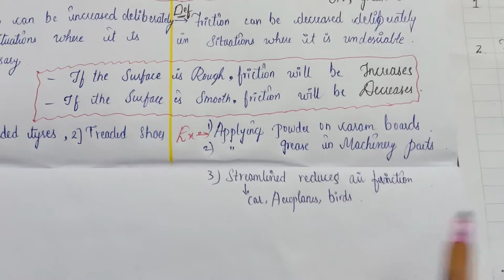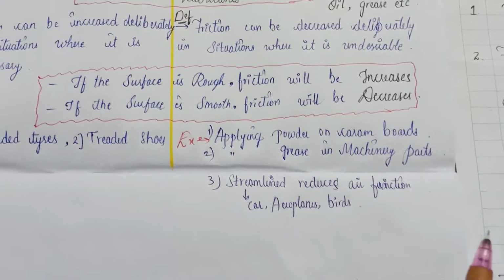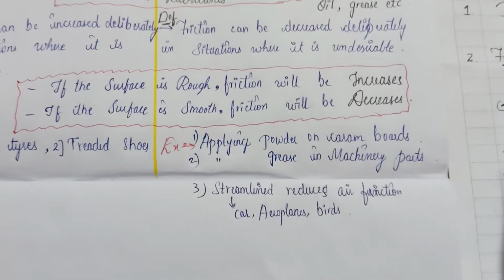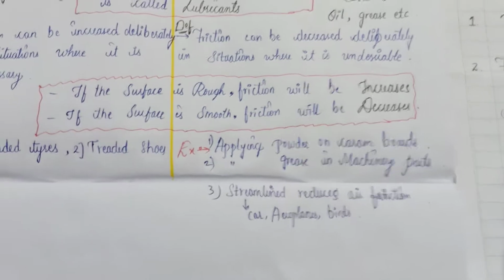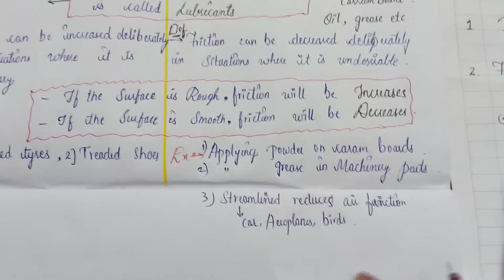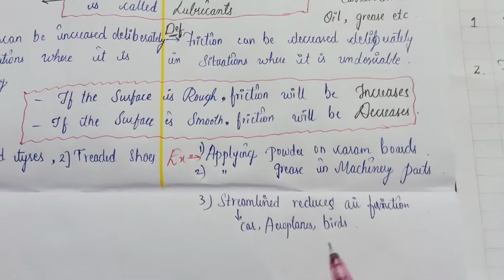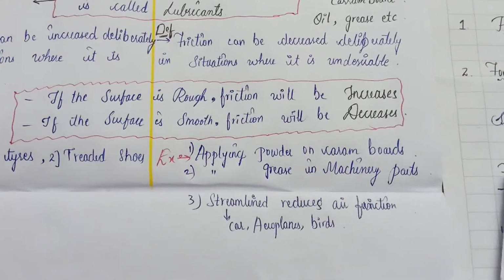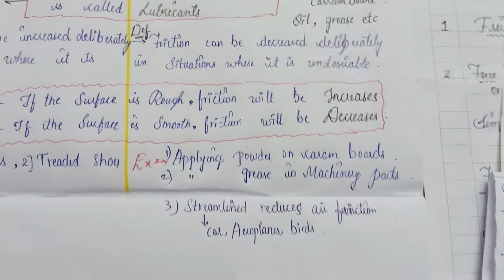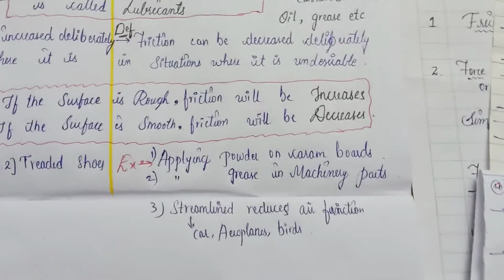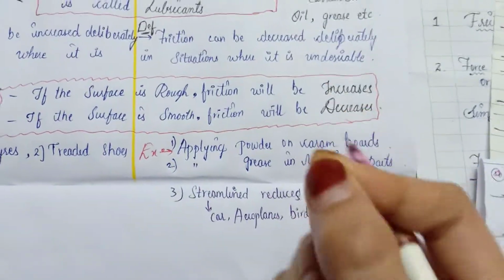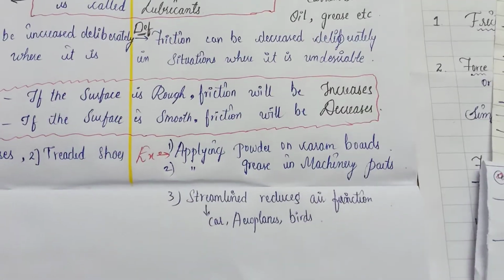Sometimes in our homes, the doors or the window panes start making a lot of noise. Why do they make noise? Because of friction, which comes when you close and open the door. They make a noise because the surfaces are moving over one another, mostly in the joints of the door.